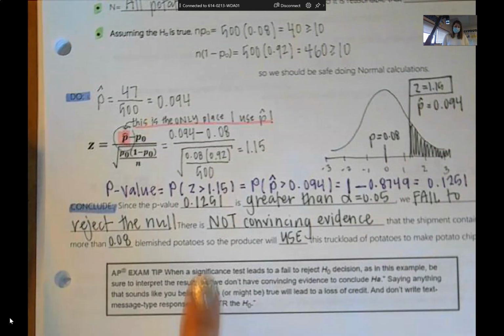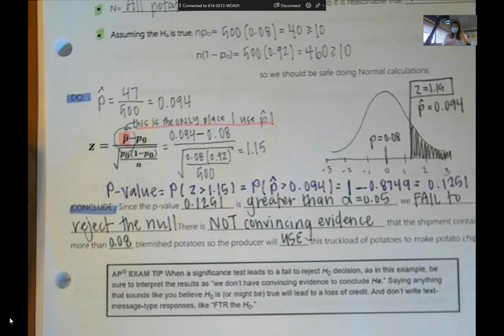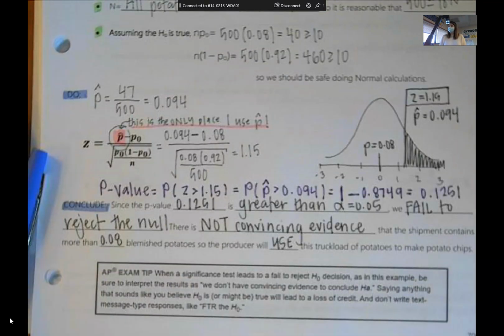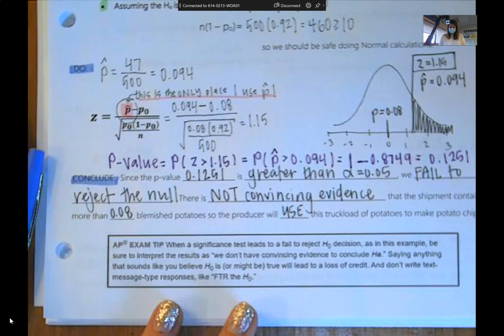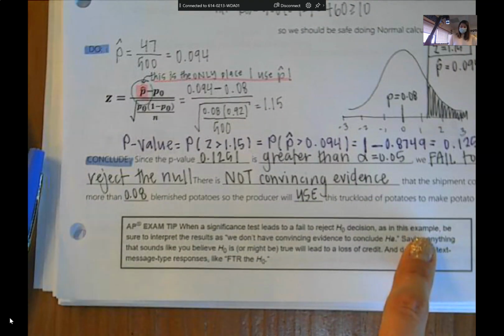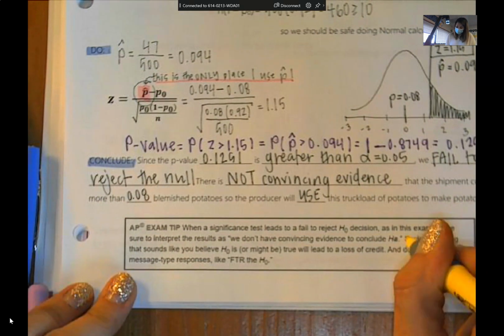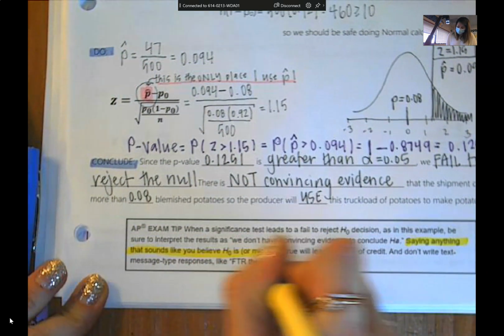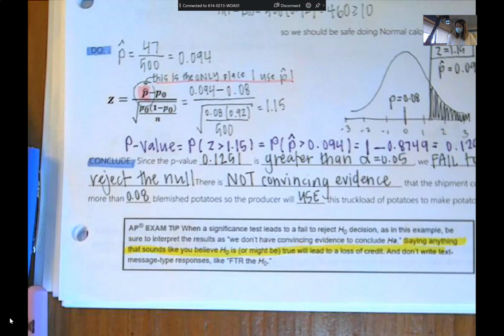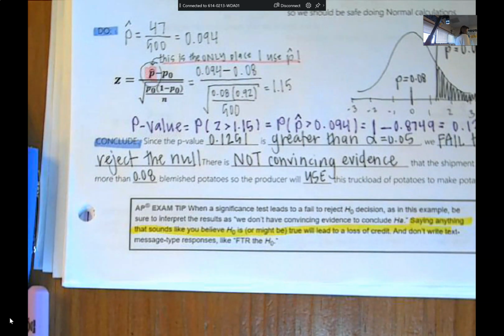There's one more exam tip down here, and this one says, when you get this conclusion, when you fail to reject, be sure that you never say anything close to the null is true. So right here toward the end of this little box, it says, saying anything that sounds like you believe H0 is true or might be true will lead to a loss of points.